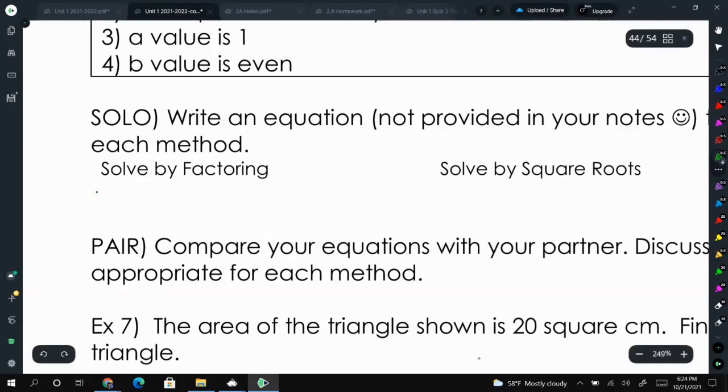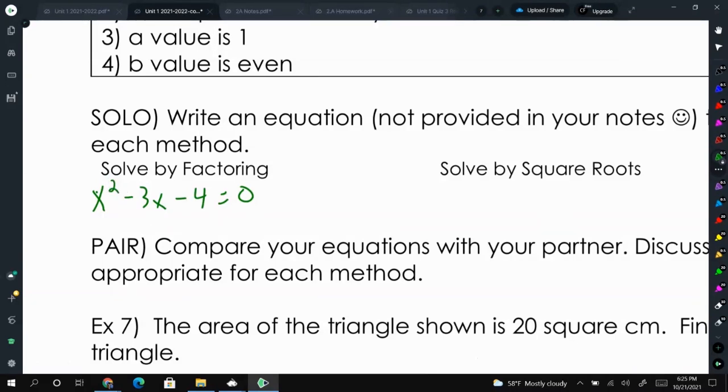So one of the equations that could be solved by factoring would be x squared minus 3x minus 4 equals 0. We can't really do completing the square with this one because our negative 3 is an odd number. If we're going to do completing the square, we want our b value to be even. But we can factor this. Two numbers that multiply to negative 4 but add to negative 3 are negative 4 and positive 1. So we could factor that and be done very easily.